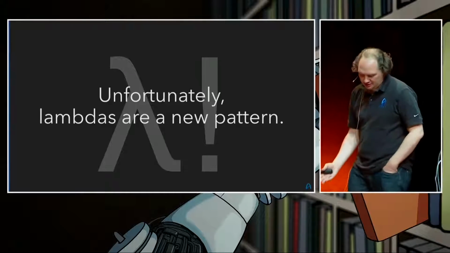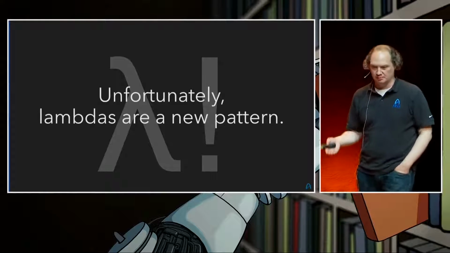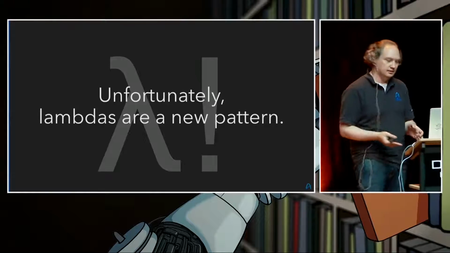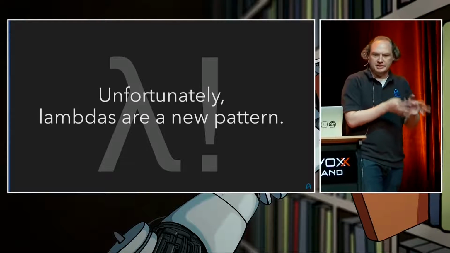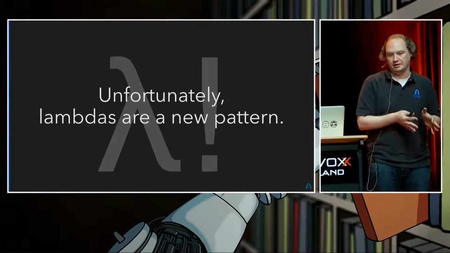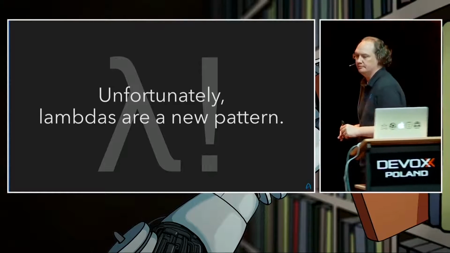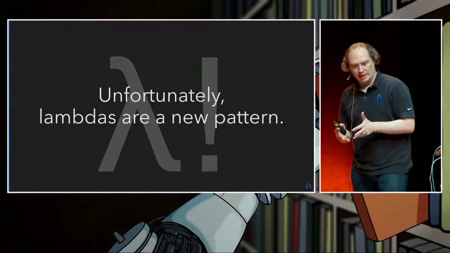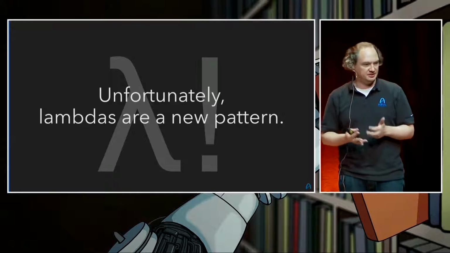So we've seen how various patterns can trip up the VM. We've seen that this optimized string concatenation was looking for a very specific bytecode pattern, and if it didn't see it, it didn't optimize well. Now, unfortunately, lambdas are a significantly new pattern in some respects.